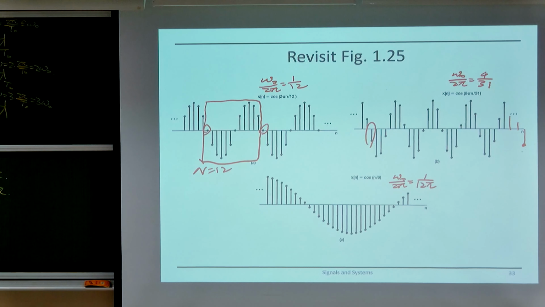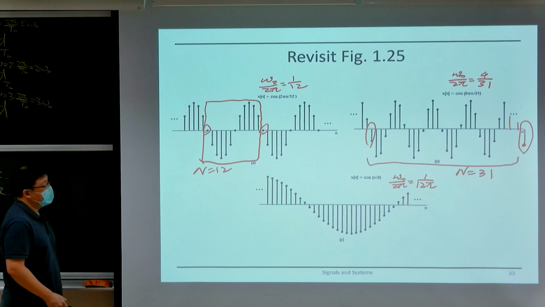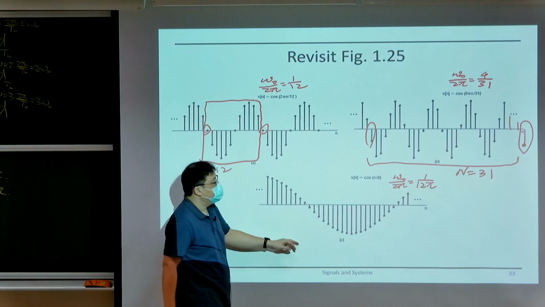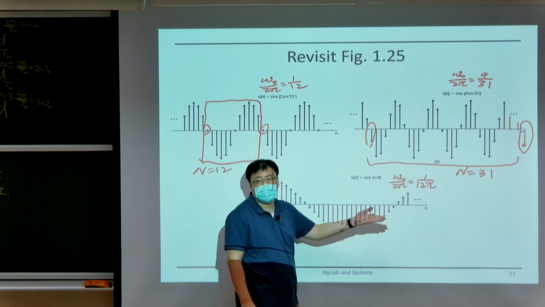So we should come back to the same point after n equal to 31 samples. Okay? Now for this one, omega naught over 2 pi is not rational.